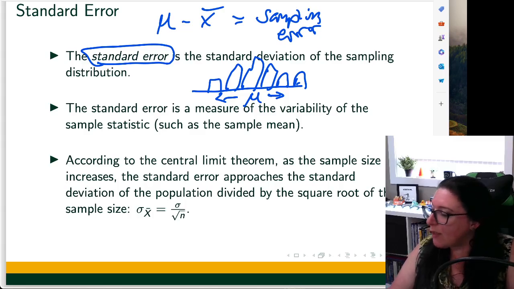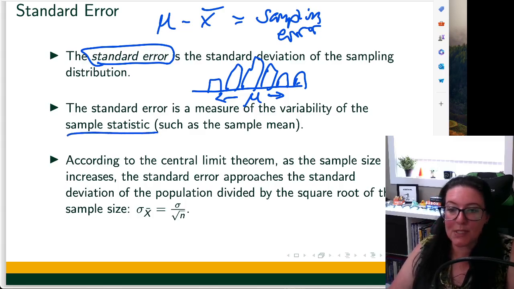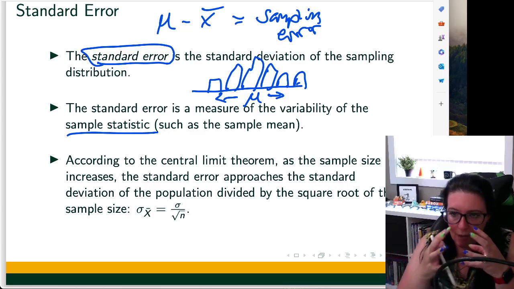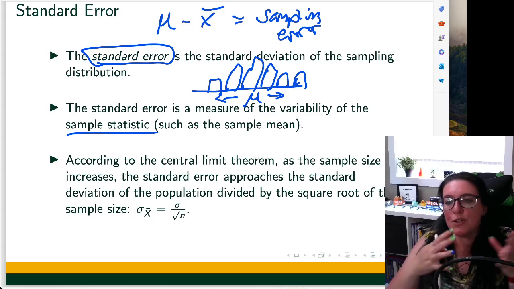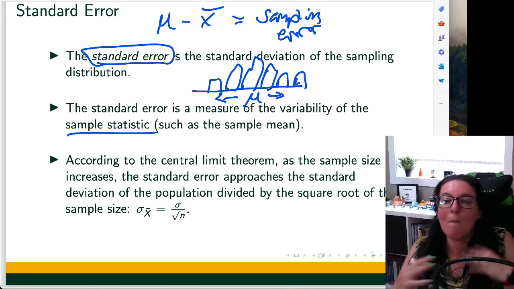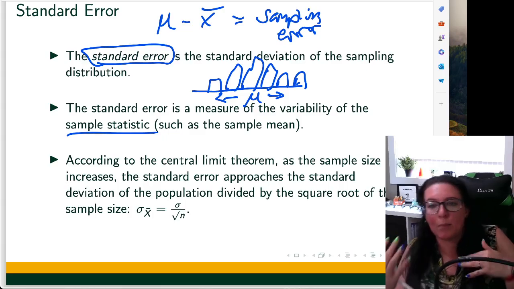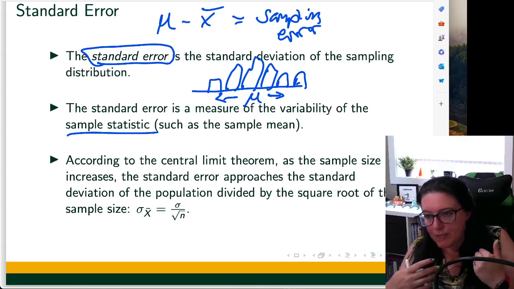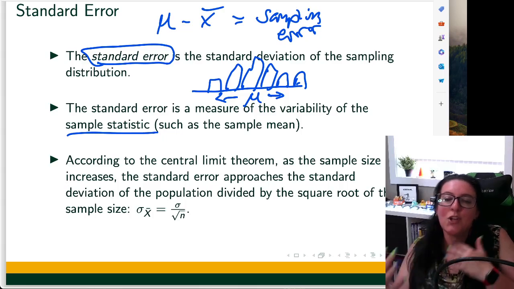So it's measuring the variability in your sample statistic. Every time you take a sample and you find the average of that group, those are different averages in each sample. How much do they change from sample to sample? So standard error is measuring how much each time we take a sample and find the average age, how much it's different.